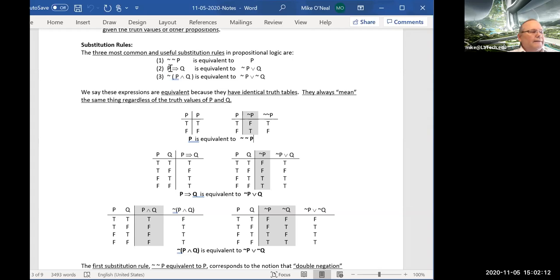Okay? So we don't normally think of an if statement. In English, we almost never take an if statement and translate it into not P or Q. But you can do it, and it does mean the same thing.